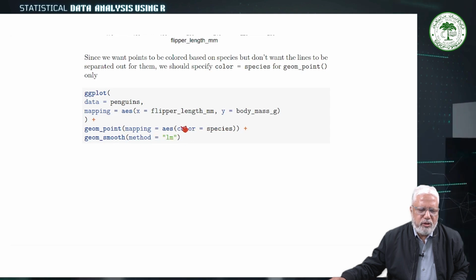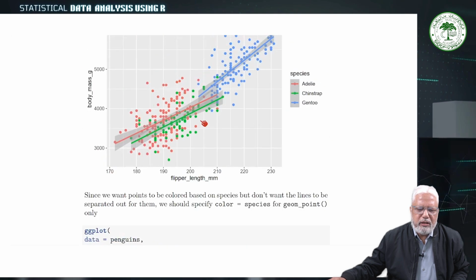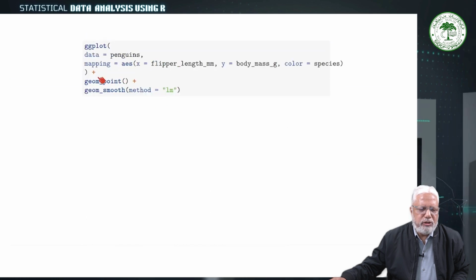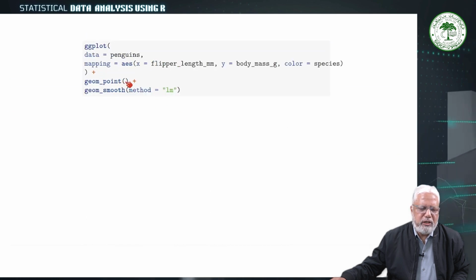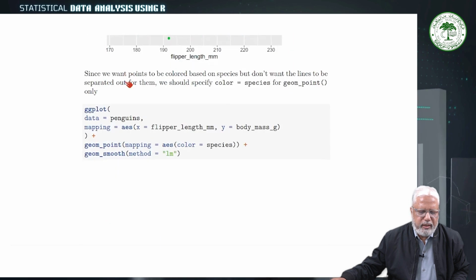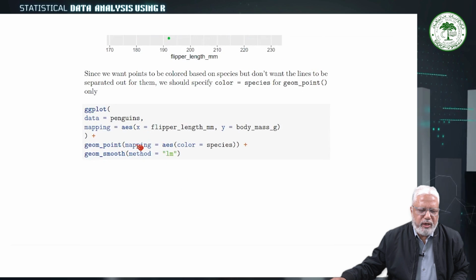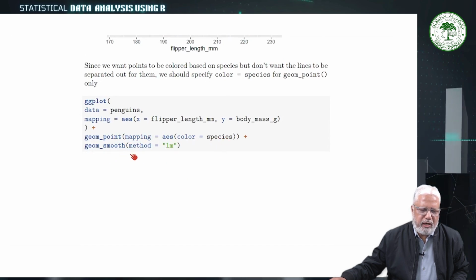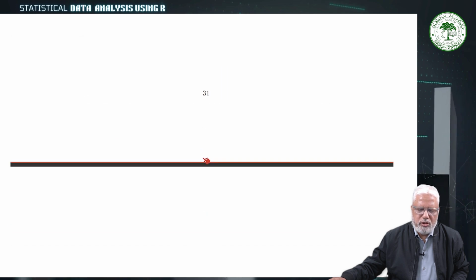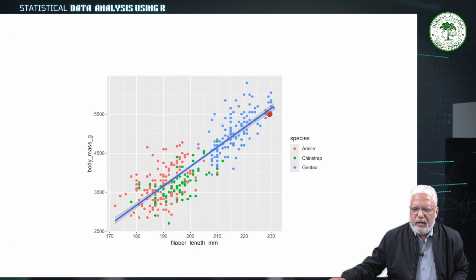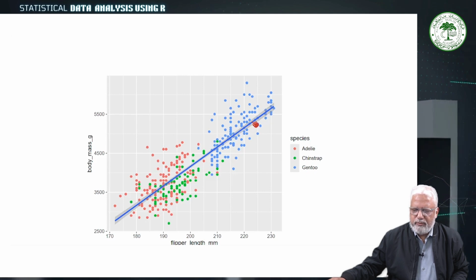Earlier we had not set anything in the geom_point, whereas here we have geom_point mapping is equal to aes color is equal to species. So, it makes a single graph, method is equal to geom_smooth. So, it makes a simple plot of all the observations, a single plot.